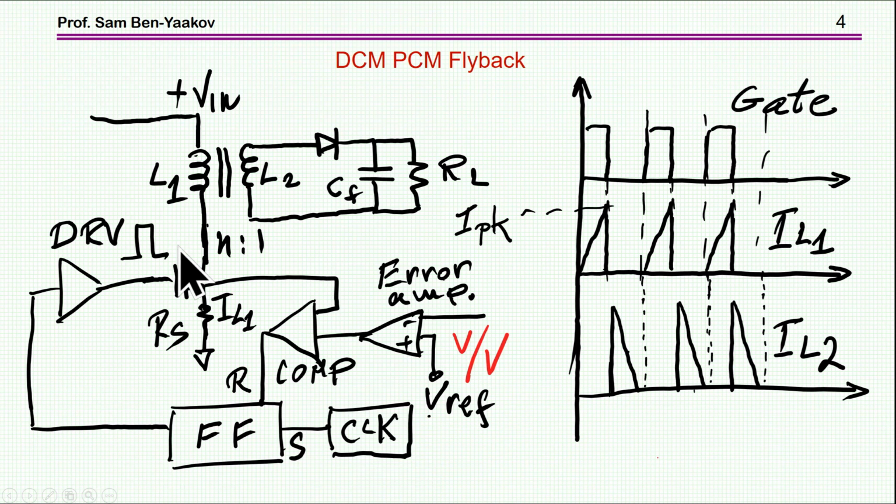And what we have here is a flyback. This is the transistor. Here's the output section coupled to the primary. We have the transistor, the driver to it. We are measuring the current across a sense resistor at the source. Here is the comparator. We have a clock setting the flip-flop.